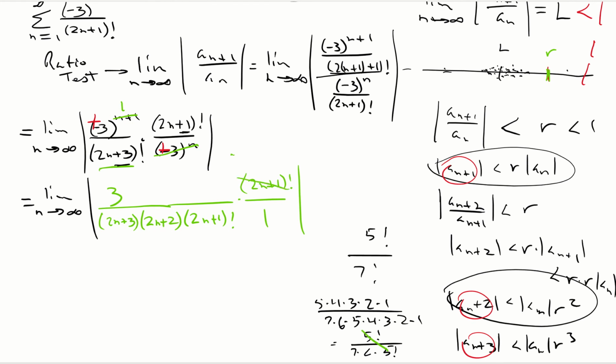And I'm going to cancel these factorials here, and we're well on our way. So we've got the limit as n goes to infinity, absolute value, and all we have here, I'm going to write this a weird way: 3 times 1 over (2n plus 3) times (2n plus 2).